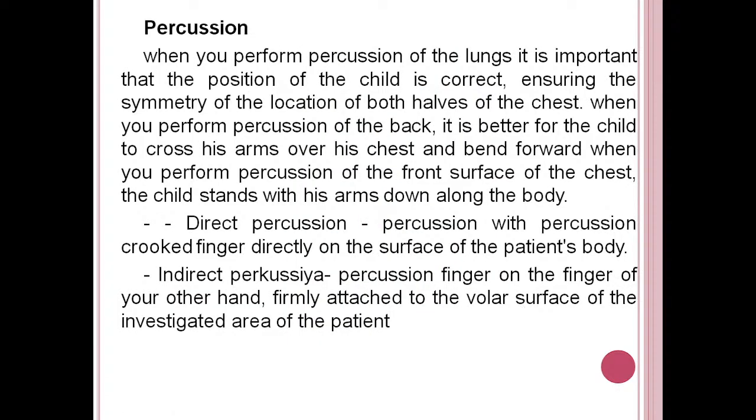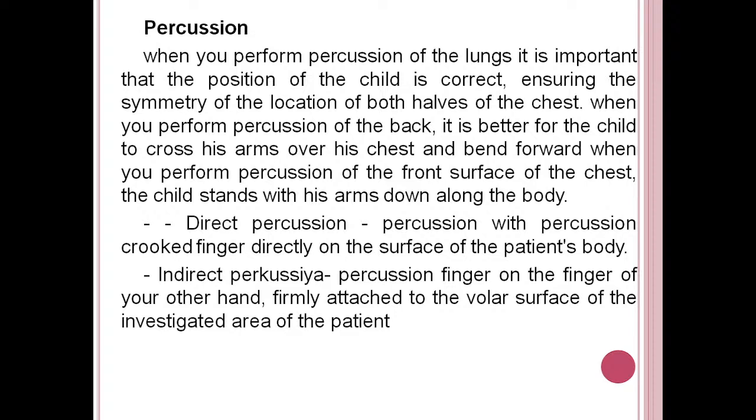What about percussion? When you perform percussion of the lungs, it is important that the position of the child is correct, ensuring the symmetry of the location of both halves of the chest.